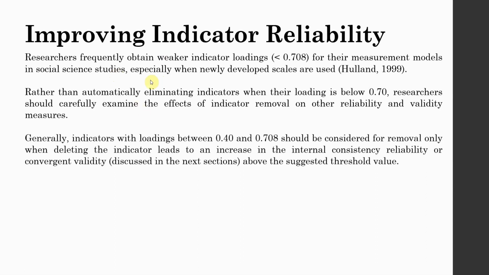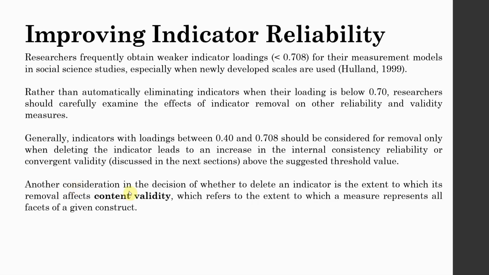And this is what we have discussed in earlier sessions as well. Generally, indicators with loadings between 0.40 and 0.708 shall be considered for removal only when deleting the indicator leads to an increase in internal consistency reliability or convergent validity, and this is to be discussed in future sections as well.